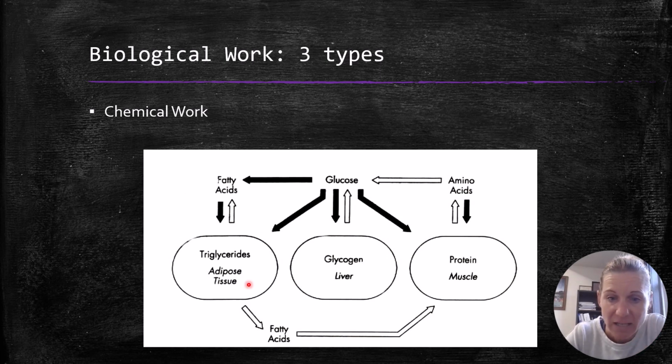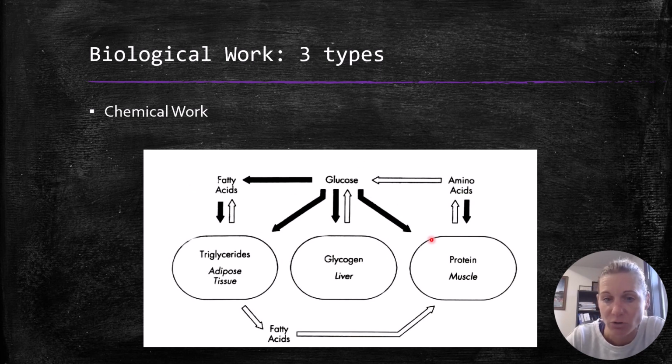So here you can see the three different types of foods or macronutrients that we can consume. We've got amino acids, we've got sugars, and we've got fats. So amino acids are kind of the most simplistic version of our proteins. We have glucose, which is our carbohydrates, and we have fatty acids, which we know as fats. And look at all these arrows.